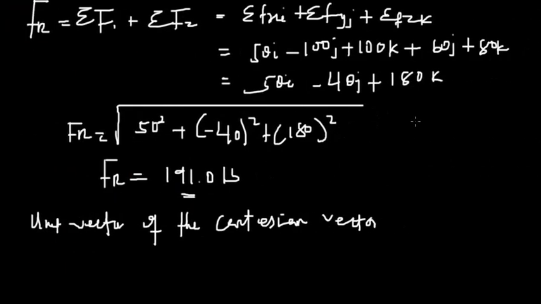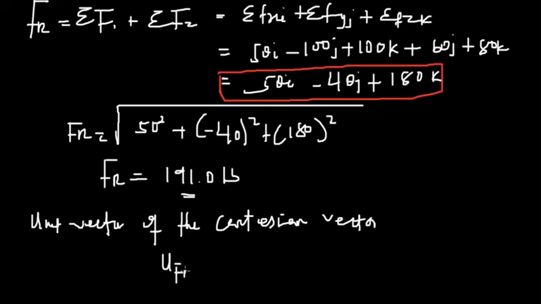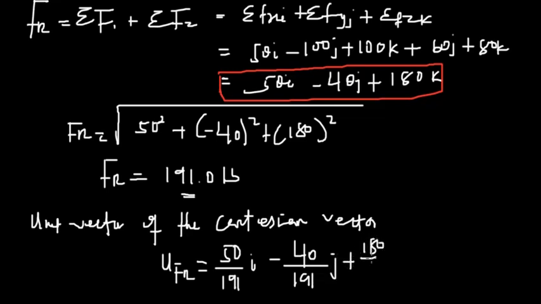So we know the respective forces over here. You just divide them by the recently calculated magnitude. So we have the unit vector: 50 over 191 for i, then minus 40 over 191 for j, plus 180 over 191 for k.